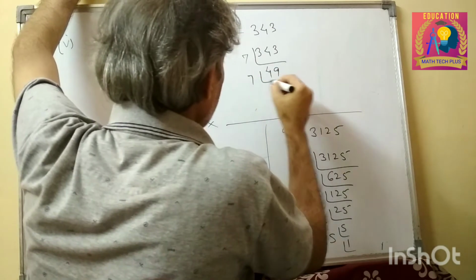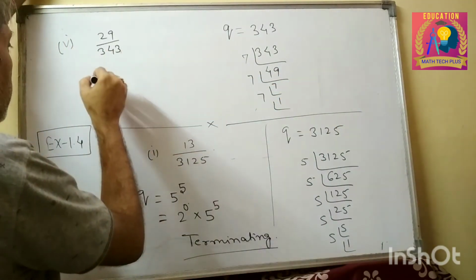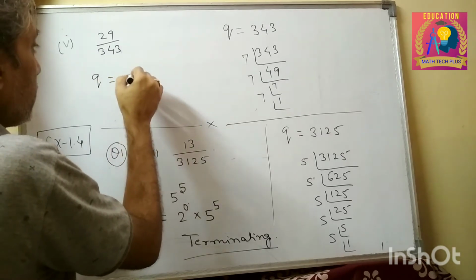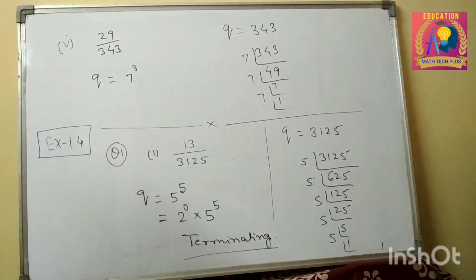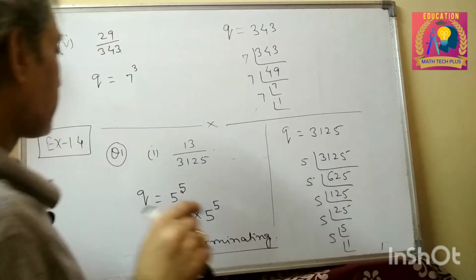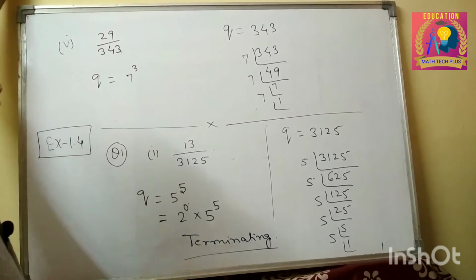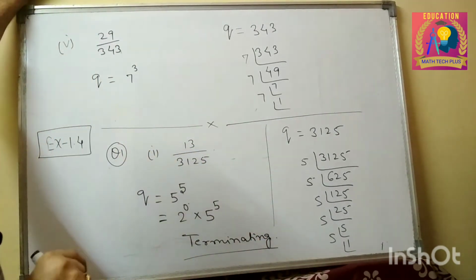Then again, so finally we are getting what? q equals 7 raised to the power 3. Now in theorem 1.6, there is another theorem also given in the NCERT book, 1.7.